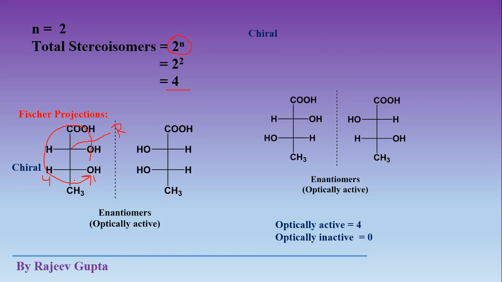It will be 1, this is 4. Now this carbon is attached to oxygen, so it will get second and third. Now 1 to 2 and 2 to 3. What is the movement of the arc? That is anti-clockwise, but the fourth priority is present here, so it is also R.